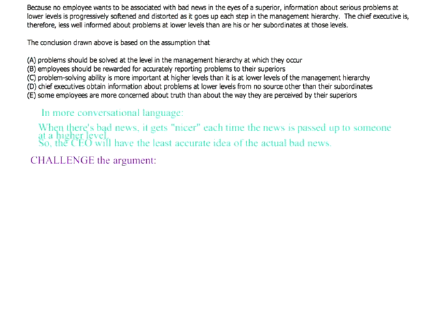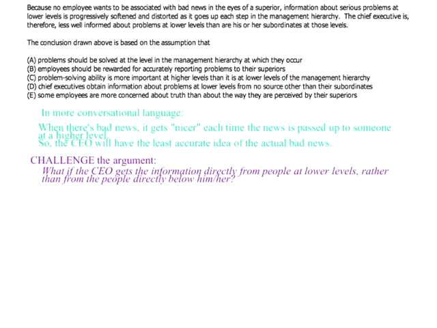This argument relies on the idea that the CEO has to get the information through a chain of people. So one way you could challenge it is, what if the CEO gets the information directly from people at lower levels rather than from the people directly below him or her? Because that's a challenge to the argument.